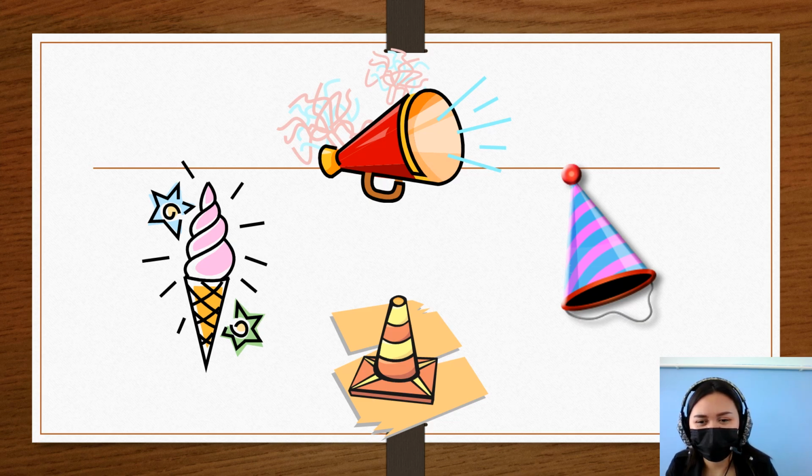Okay. How about this? A party hat. And this one, what do we call this? A warning cone? We can see this one on the road. Road cone. This cone is used to warn the drivers if there is danger, right? So they put these cones on the road.